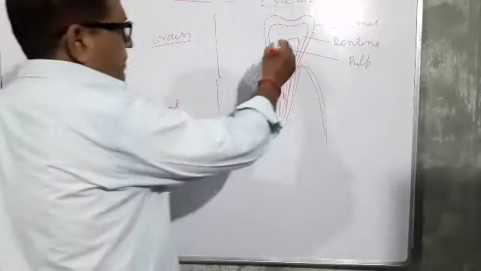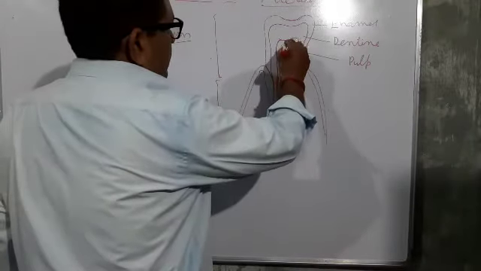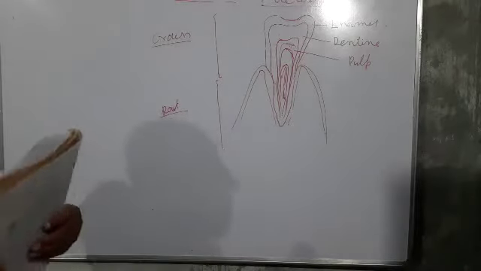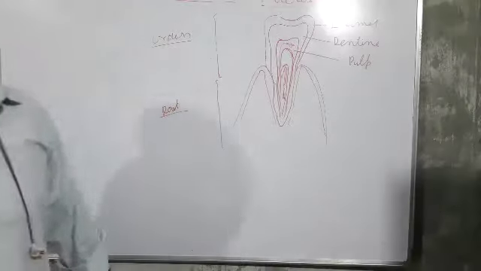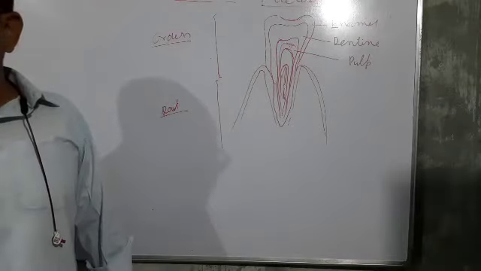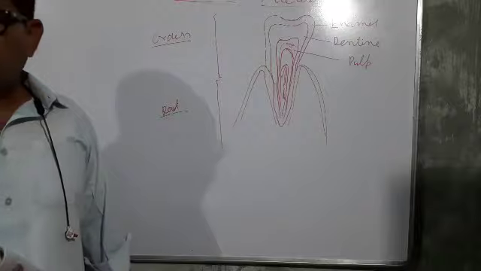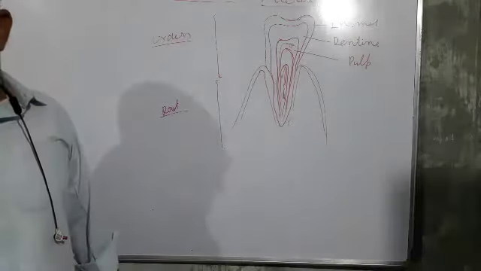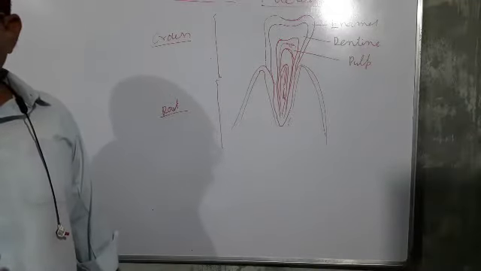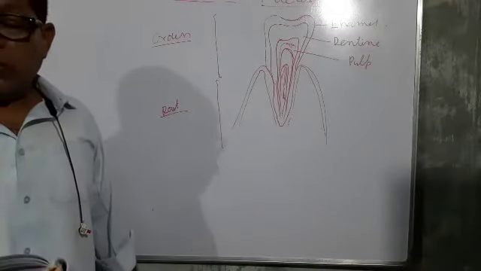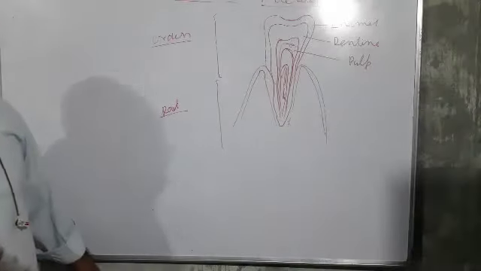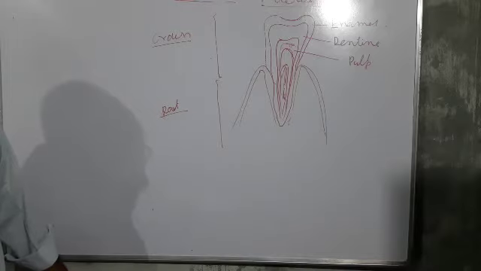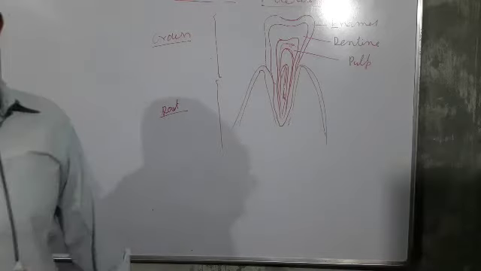In the pulp, nerves are present, but enamel does not have nerves. The pulp is made of soft tissues and contains blood vessels to supply nutrients to the tooth and nerves to enable the tooth to sense heat and cold.